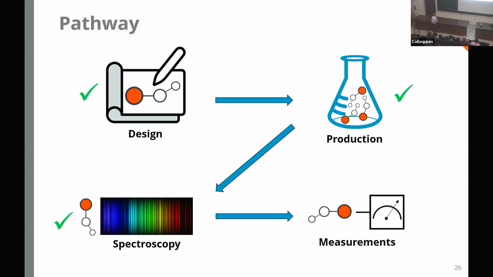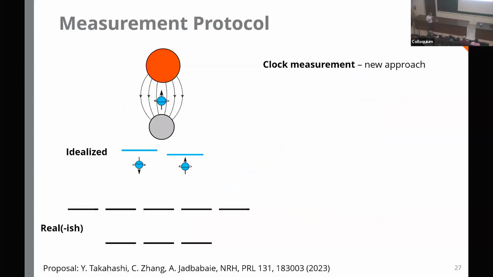So we've done all that preparatory work, so now we can move on to measurements. The way we do the measurements in the molecules is different than had been previously done. In an idealized picture, we want to look at two states where the electron or the nucleus is flipped and see if there's an energy difference. Okay, molecules have more than two levels. Maybe they have a structure that looks like this, say in some particular hyperfine level.